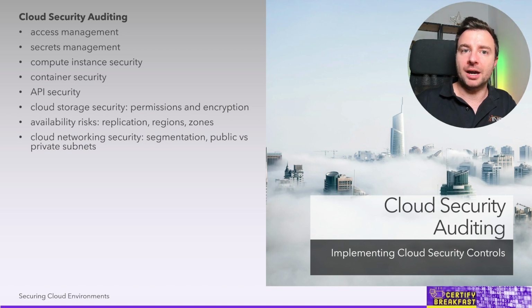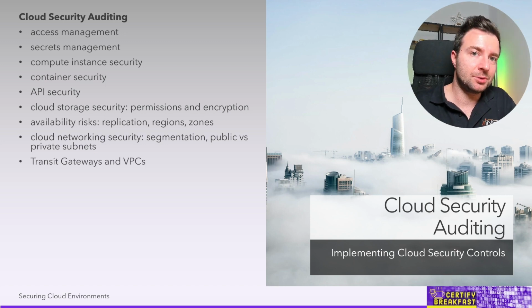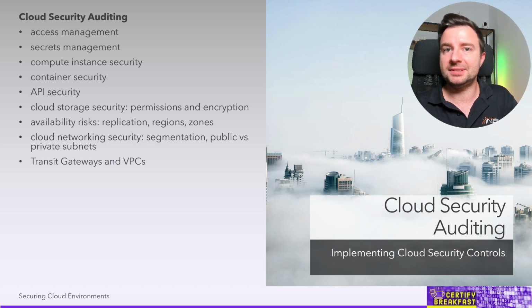Cloud providers allow you to define public and private infrastructure. So you can have private subnets, which are only running internal services that are completely unreachable from the outside, or you can have public subnets where you can host things that normally would be placed in a DMZ in a traditional environment. VPCs, virtual private clouds, or VNets, or VCNs, virtual cloud networks, depending on the cloud vendor's terminology, are basically virtual networks.